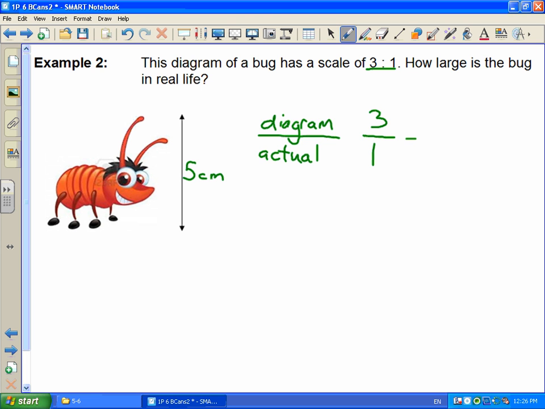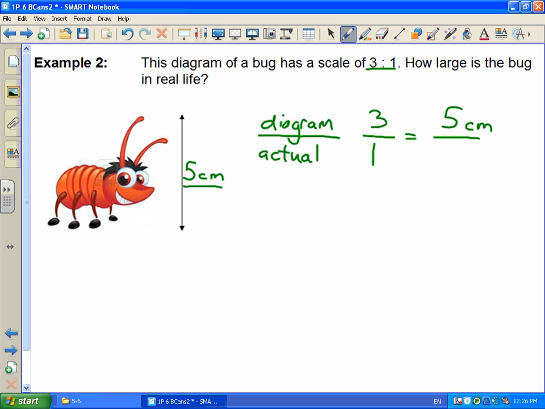And I want to set up a second fraction that is going to be equivalent to this one. So now I have to look at what I'm given in the question and what I'm being asked to find. I've got this 5 centimeters over here. And I ask myself, does it represent a size in the diagram or an actual size? Well, because we measured it on the diagram, it's a diagram size. So I'm going to put it up here in the numerator where all of my diagram measurements are.